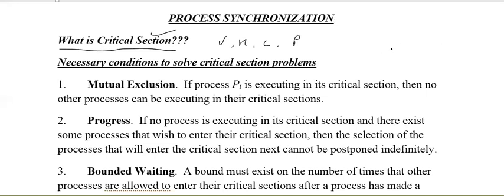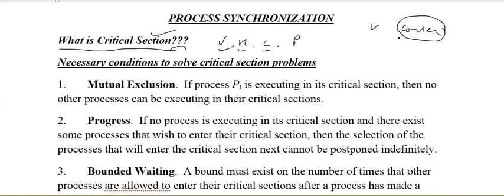Before I move, let's quickly review once again. Be careful. The critical section is anything which is in sharing mode. It can be variable, it can be hardware, it can be piece of code, or it can be the whole program. In the previous example, it was one variable, that was counter, but it's not necessary that only a variable is known as critical section.